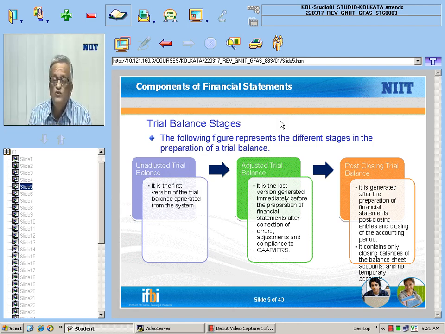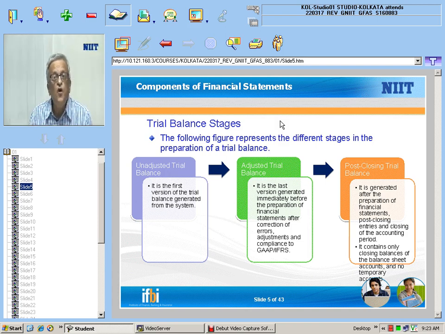What are temporary accounts? Temporary accounts are those items of revenue and expenses. All items of revenue and expenses are called temporary accounts. Please remember that. Why are they called temporary accounts?